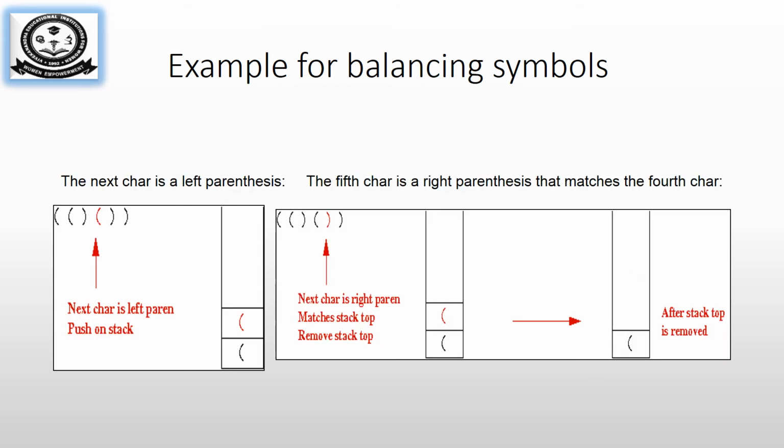After the pop operation, the next operand is again an open parenthesis, which is pushed into the stack. The fifth operand is again a closing parenthesis, so you pop a symbol from the stack and that is nullified.